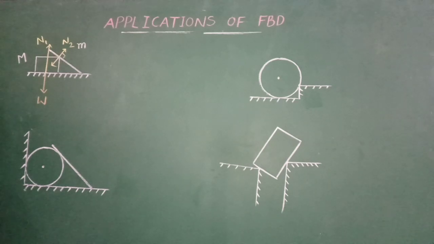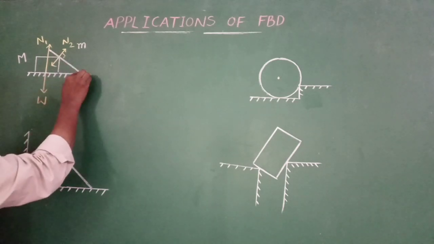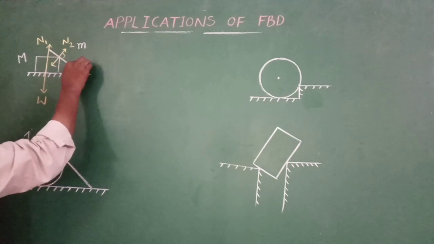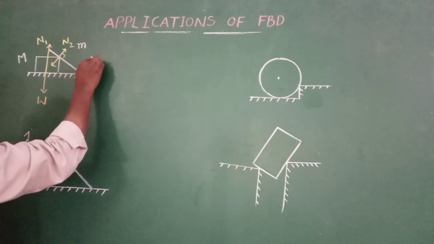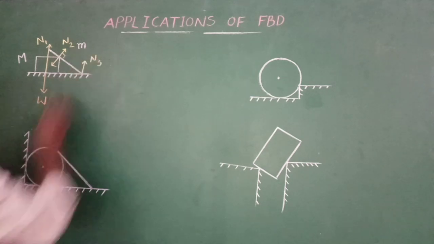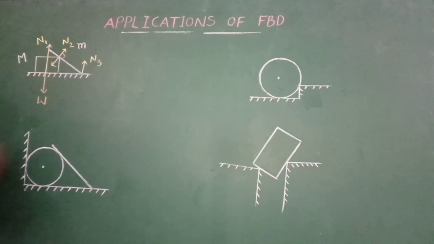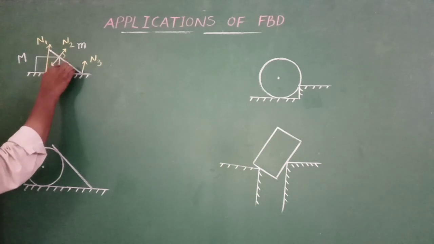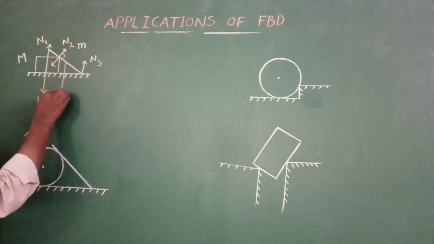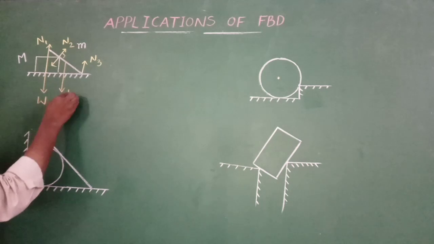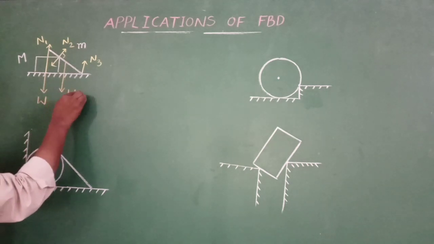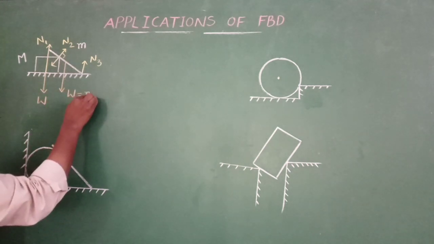On this rod, one more normal reaction acts because of the ground. This normal reaction is taken as N3. And the weight of the rod acts downward from the center of the rod, that is equal to small m g.